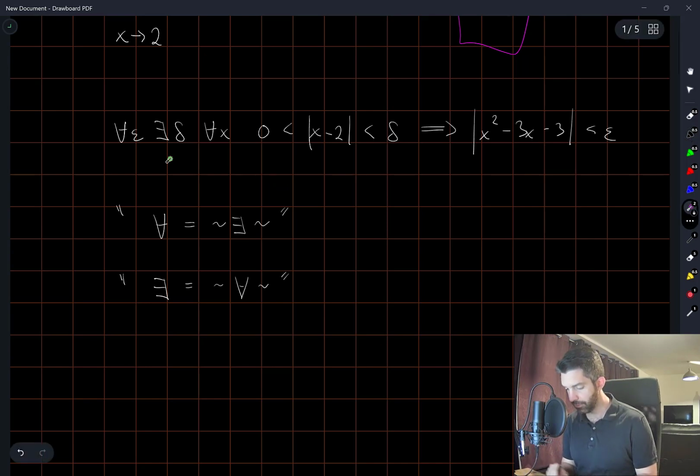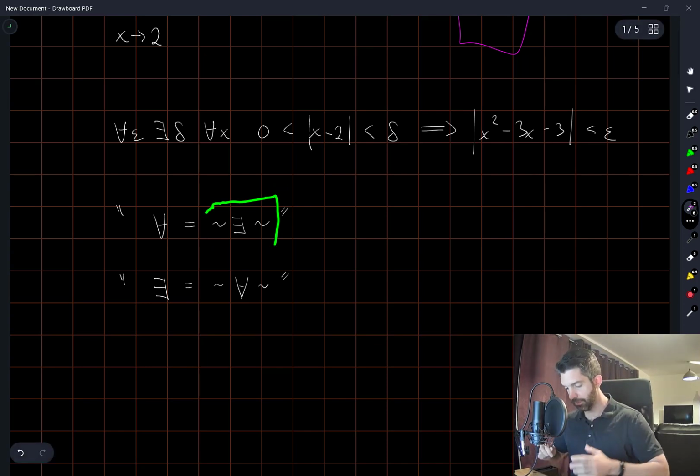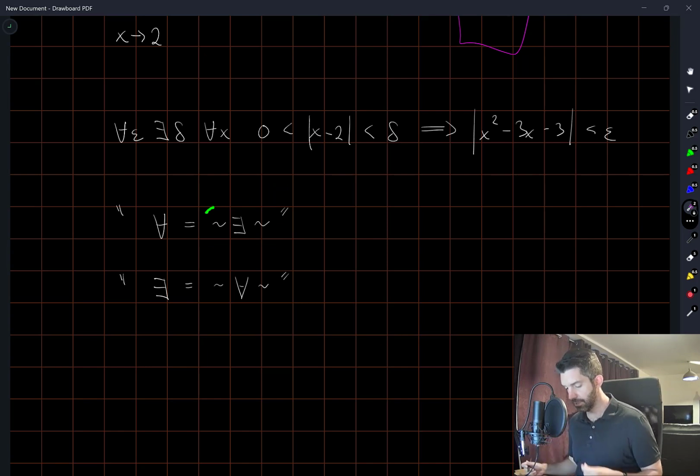Basically, in a symbolic statement like this, anywhere you see the universal quantifier, that's logically equivalent to the negation of the existence of something with a negation after it.